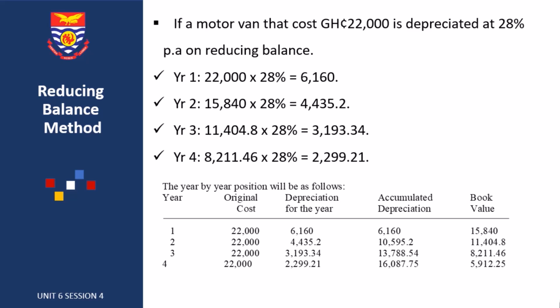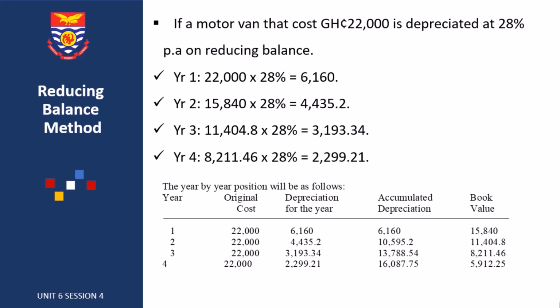We multiply that by the rate of depreciation, and the depreciation charge is 3,193.34. For year 4, we estimate again the net book value and multiply that by the rate of depreciation, 28%, and we arrive at the depreciation charge for that year.